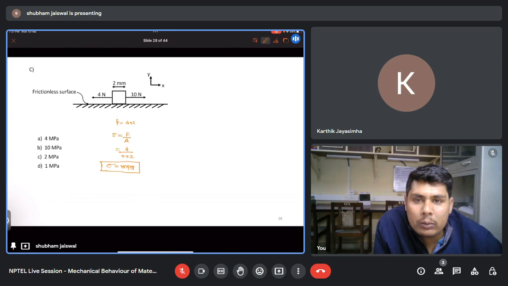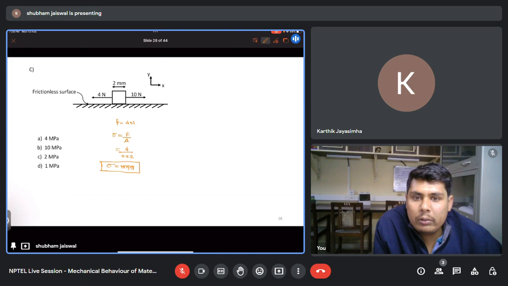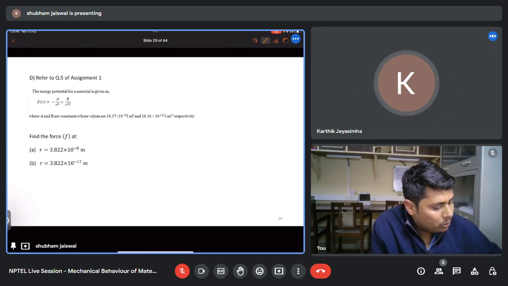If it is 6 Newton from one side and 10 Newton from the other side, then the 6 Newton will generate internal stresses, and the remaining 4 Newton will contribute to moving the body. So the correct answer will be 1 MPa.